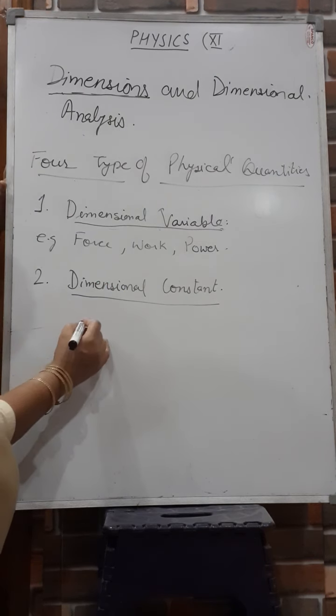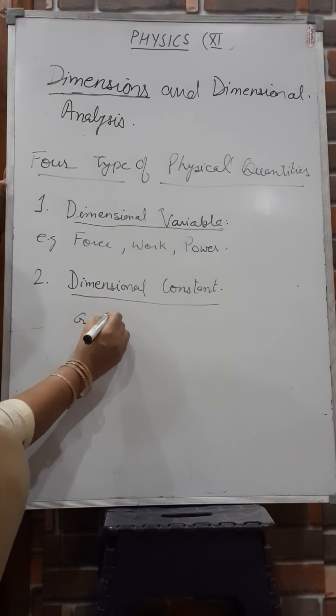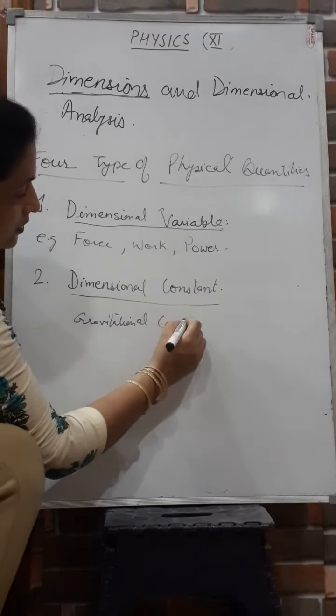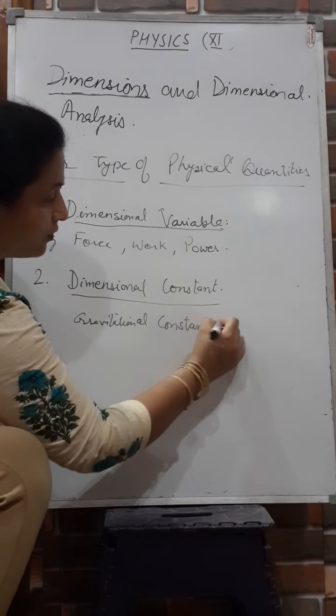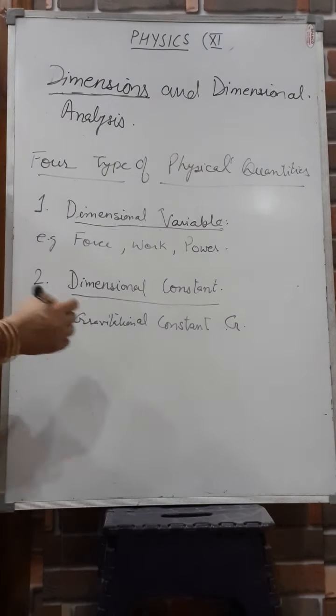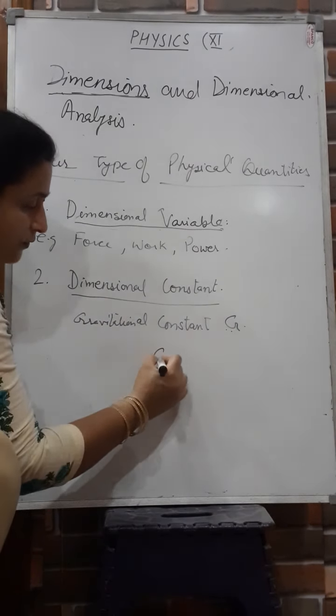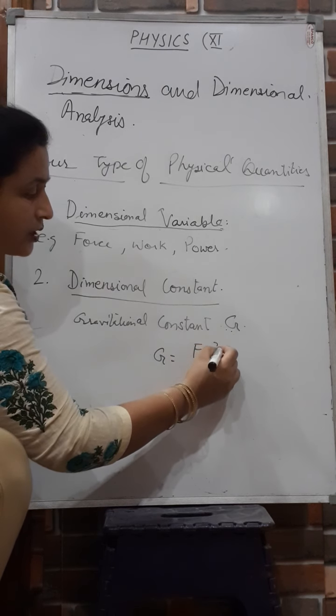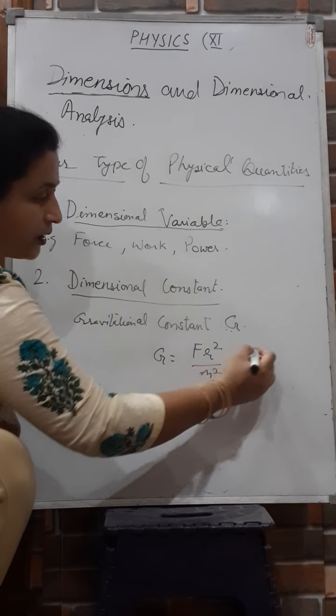For example, gravitational constant. The value of G is constant but it has dimension, and you can find out the dimensions of G by using the formula F into R square by M square.